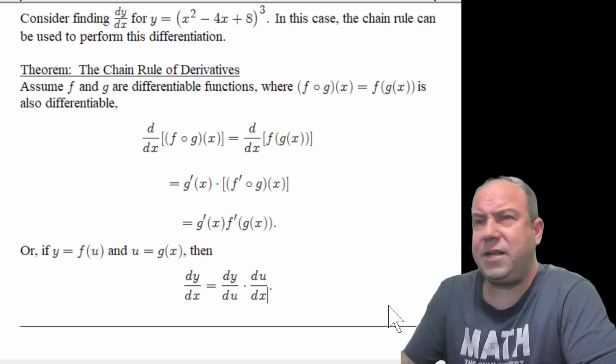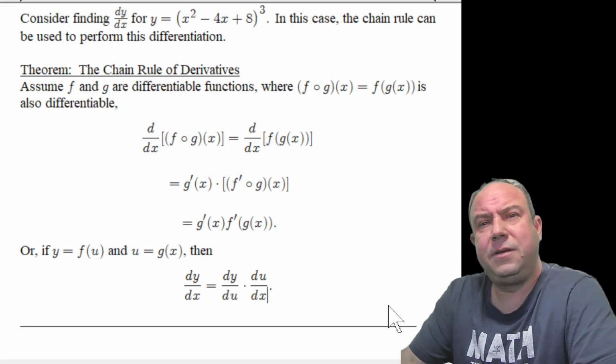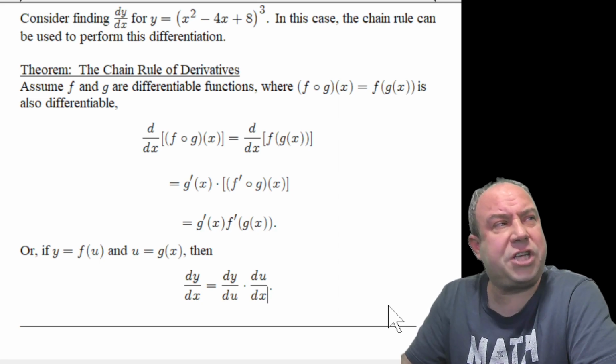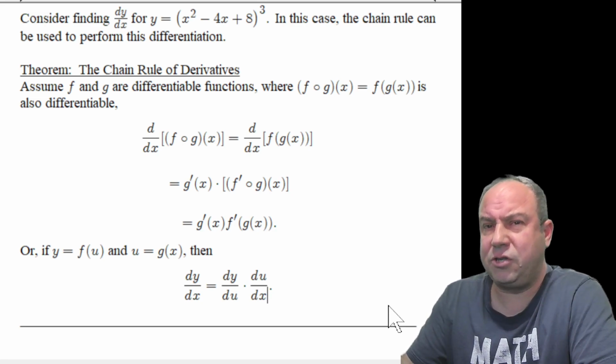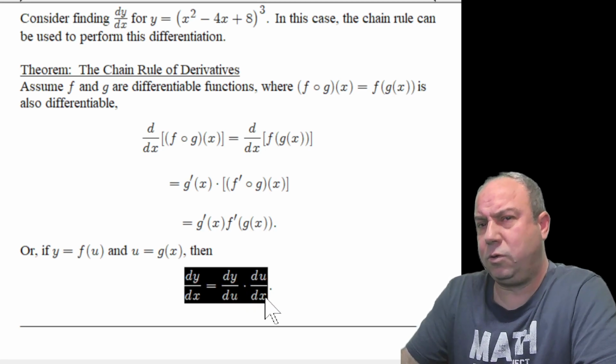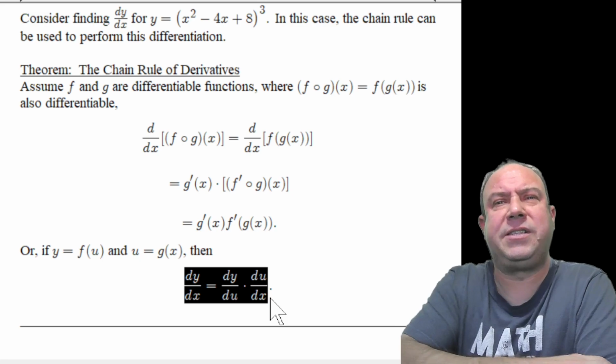And then when you go on to take Calculus 3, and you're introduced to multivariable functions, you're going to be introduced to chain rule for multivariable functions. And it's actually going to be a set of rules where this is going to be the first rule in the set.